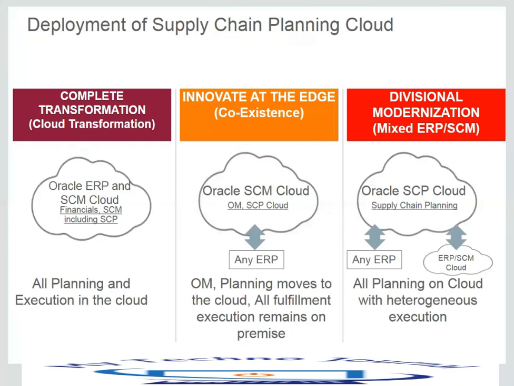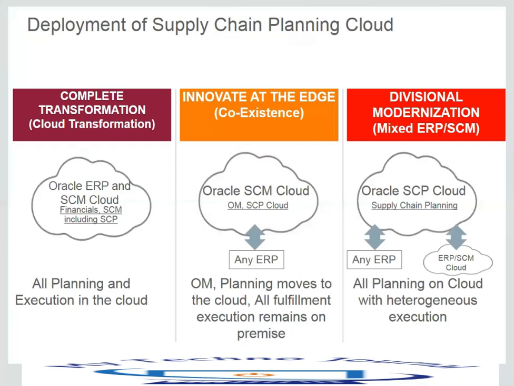The third one is divisional modernization, or mixed ERP or SCM. In this, the execution system remains as is, and optionally a small portion of the business or division moves entirely to the cloud, only a little part, and all planning is in the cloud using your FBDIs, or file-based data integration, flat file CSV integration.